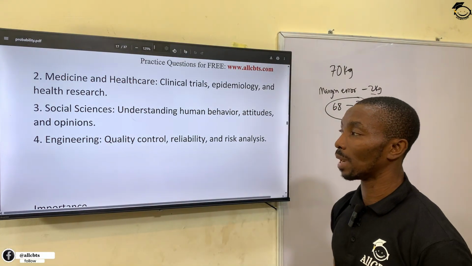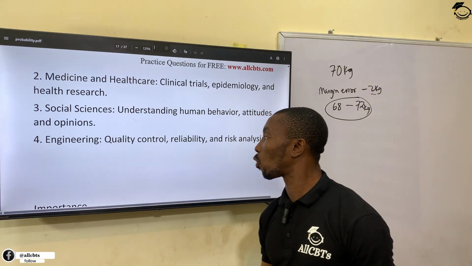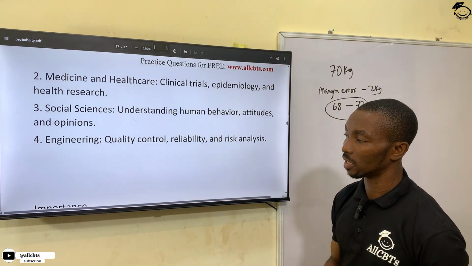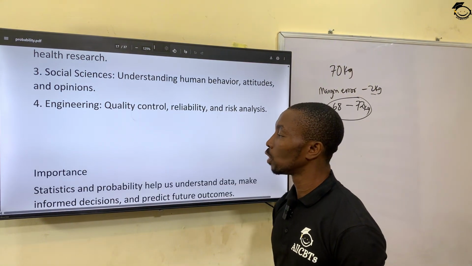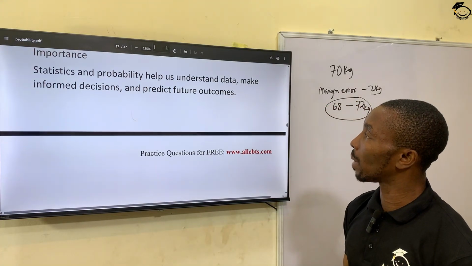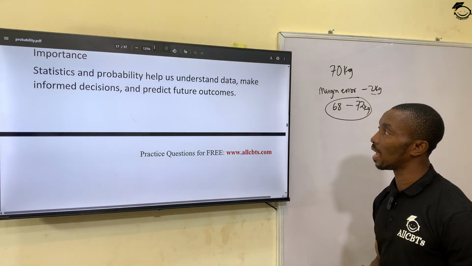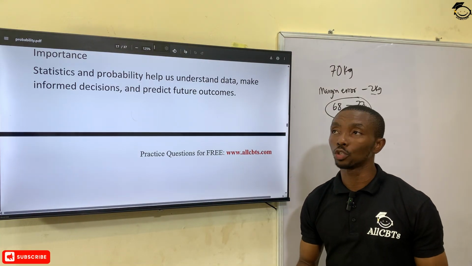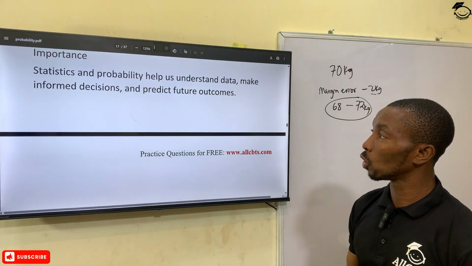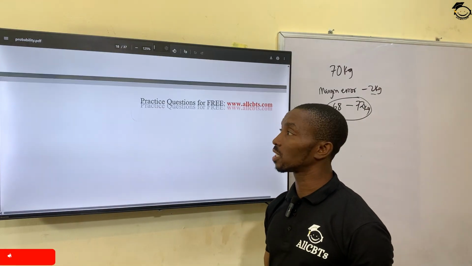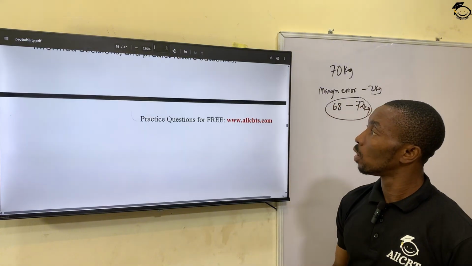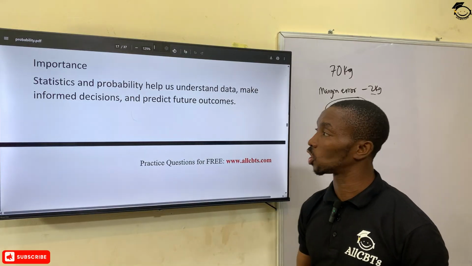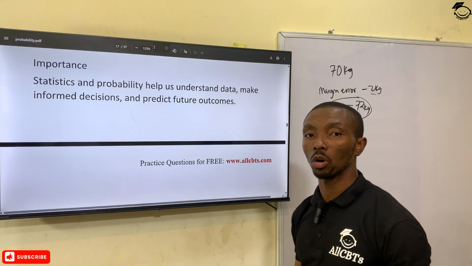Four, it can be used in engineering for quality control, reliability, and risk analysis. Now, it is important to know that statistics and probability help us to understand data, make informed decisions, and predict future outcomes. So, the study of statistics is necessary for the future to make precise decisions and predict our future outcomes.